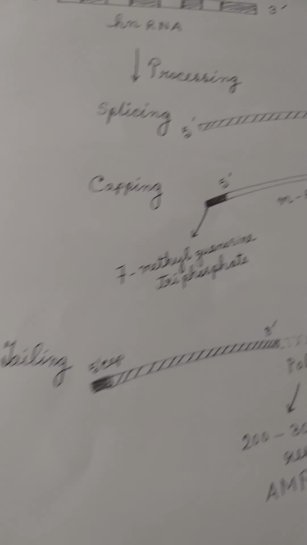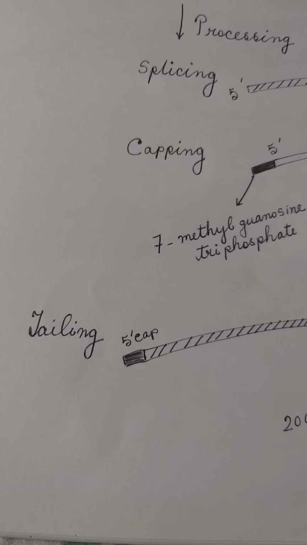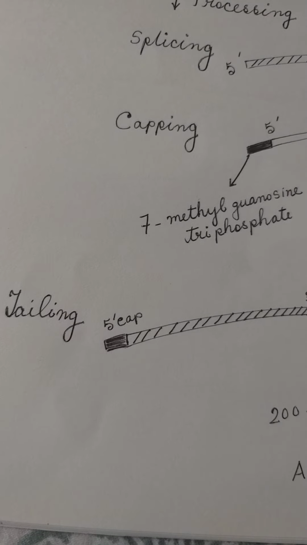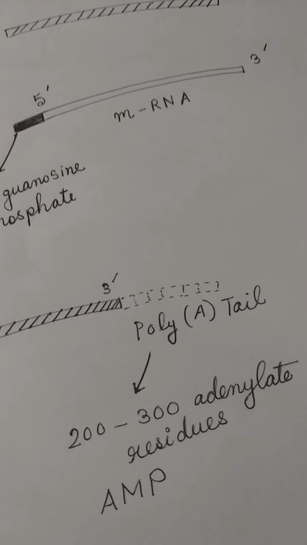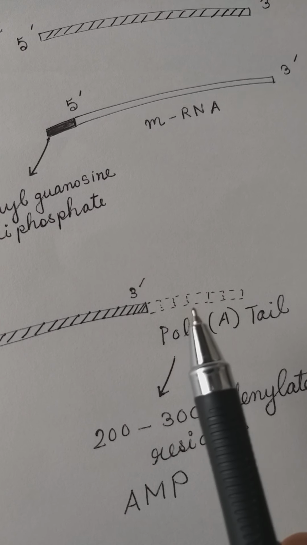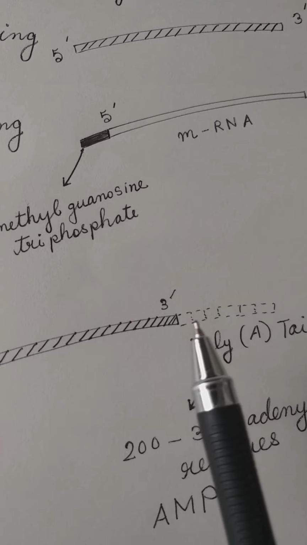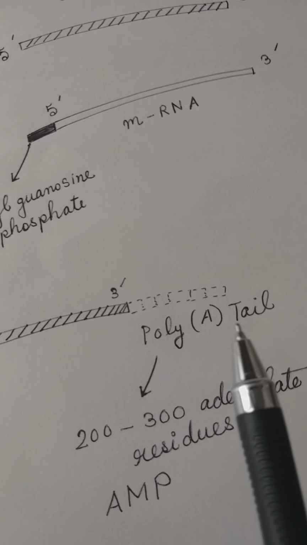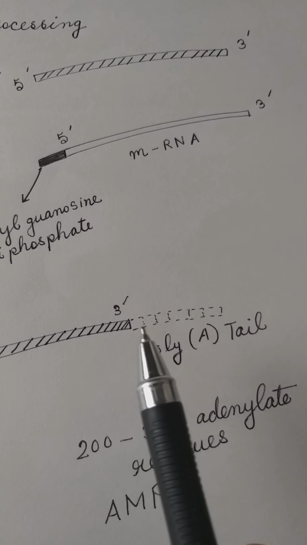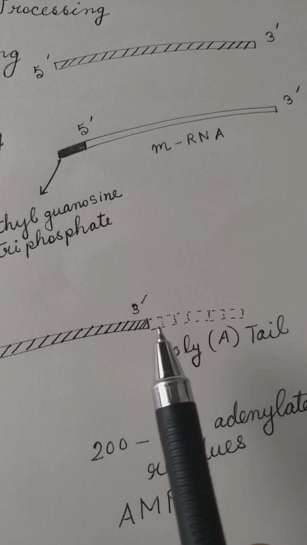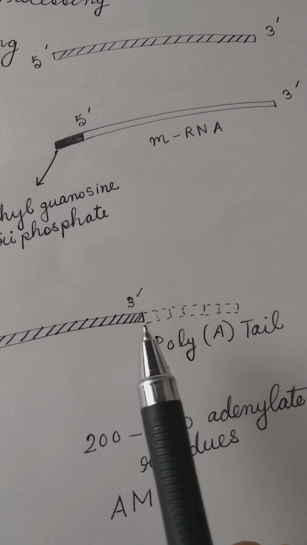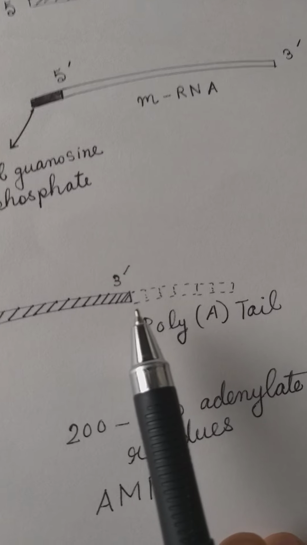Now tailing. After capping, the primary transcript will undergo tailing. Tailing means a tail is added to the 3' end of the primary transcript. The tail is called poly-A tail. The tail is added to the 3' end of the hnRNA or primary transcript.